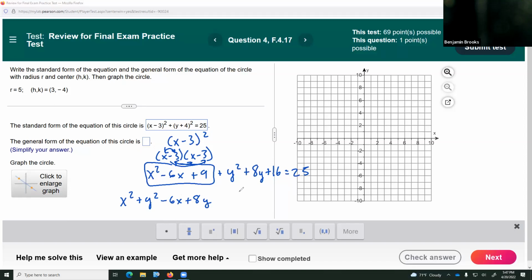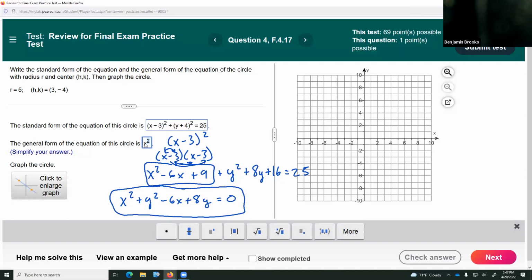But if I subtract 25 on both sides, that gives me 0. So that's it. We'll do x squared plus y squared minus 6x plus 8y equals 0.